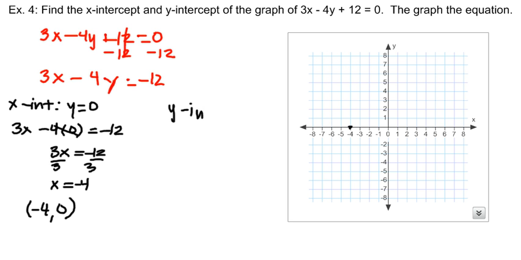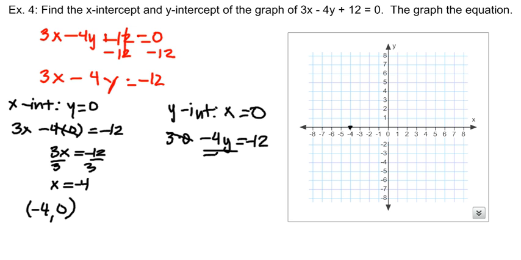To find the y-intercept, you're going to plug in x equals 0 into the original equation. So I'm going to take 3 times 0 minus 4y equals negative 12. This is going to give me the y value for the y-intercept. 3 times 0 is nothing, and so you can see that you're just solving negative 4y equals negative 12.